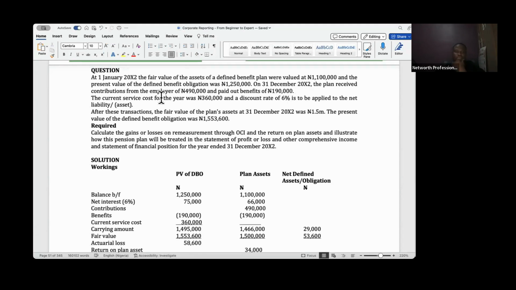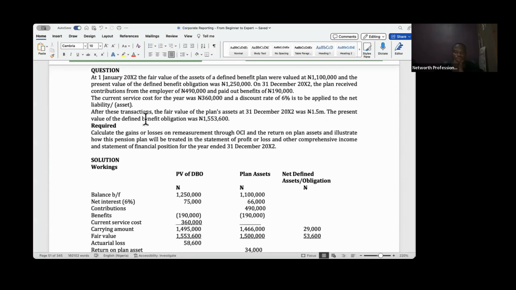The current service cost for the year was 360,000, and the discount rate of 6% is to be applied to the net liability. After these transactions, the fair value of the plan assets as at 31st December 2002 was 5 million. The present value of the defined benefit obligation was 1,553,600.